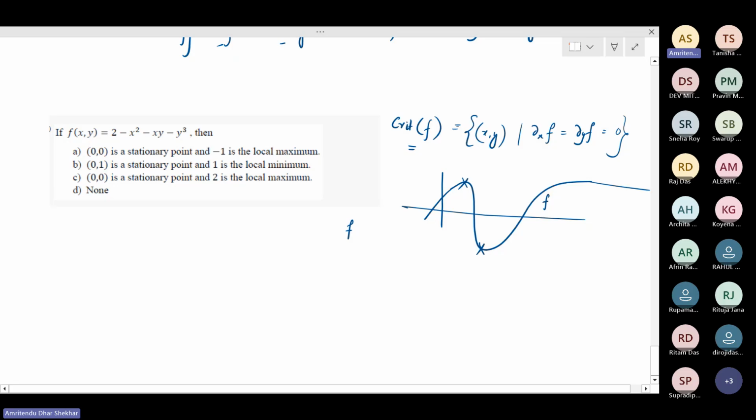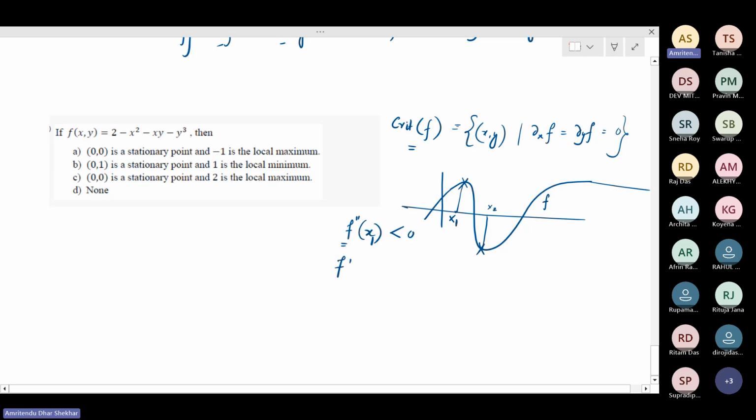I do something called a second derivative test. So I do f double dash of x. Let's call this point x1, and let's call this point x2. I do f double dash at x1, and if f double dash at x1 is negative, I say that x1 is a maximum.